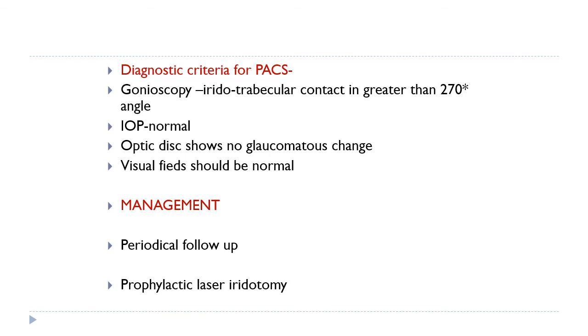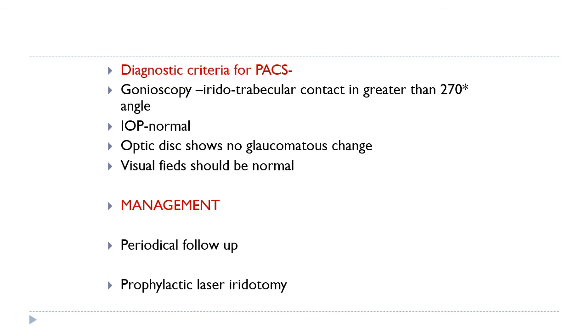So because of this different type of lens, we can make out the angle structures. Ideally, there is an open space. You can see all the structures from Schwalbe's line to your scleral spur or the root of the iris. You say it is open.